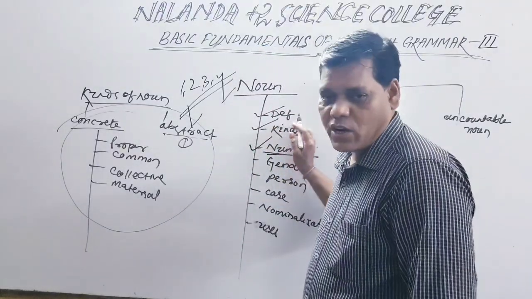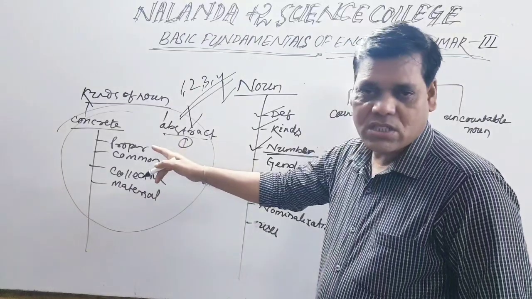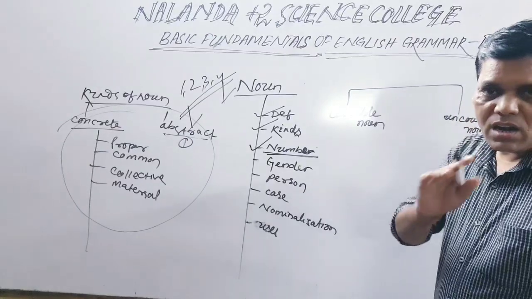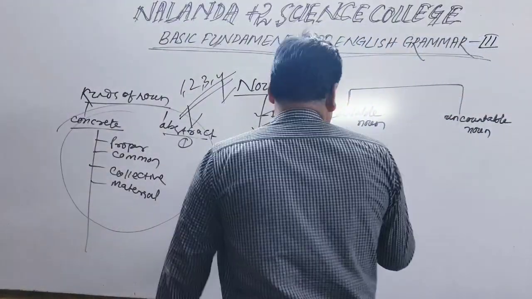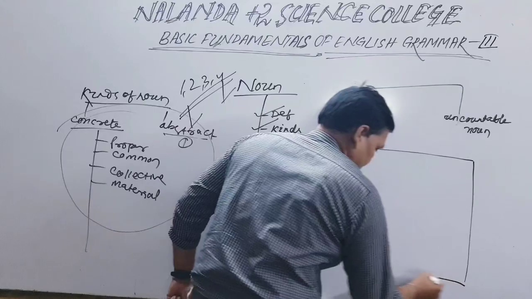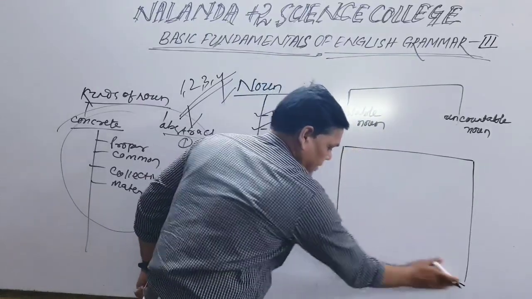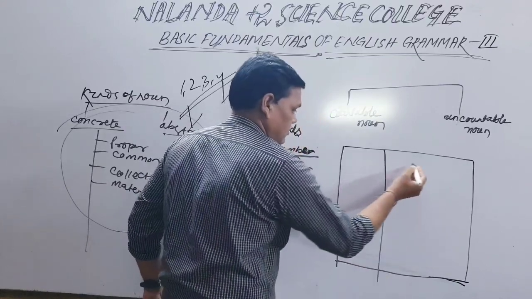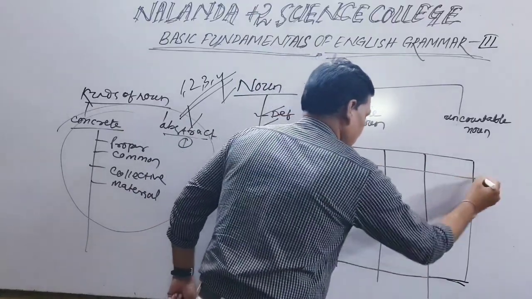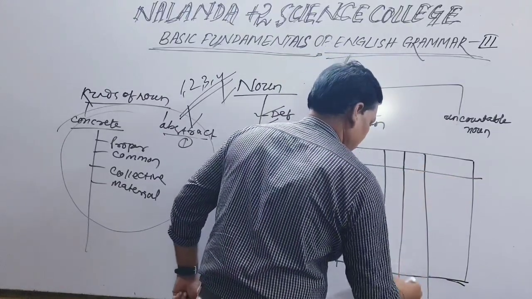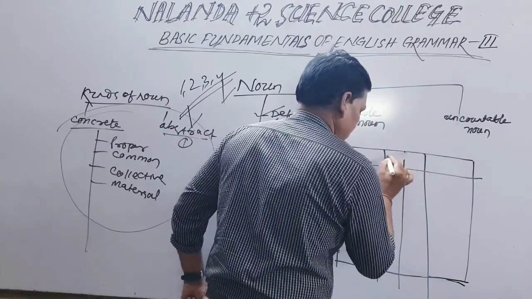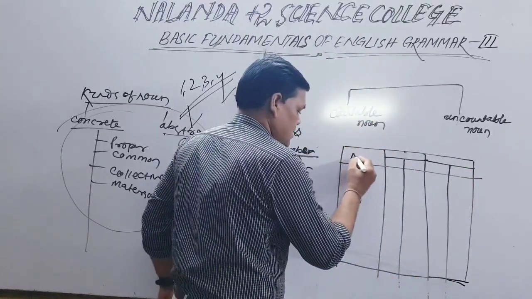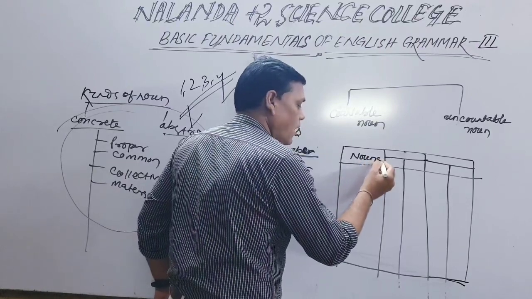Let's see. I will draw a table with all the nouns, and we shall discuss whether the noun is countable or uncountable. Students, look at the table here. This is noun or nouns.